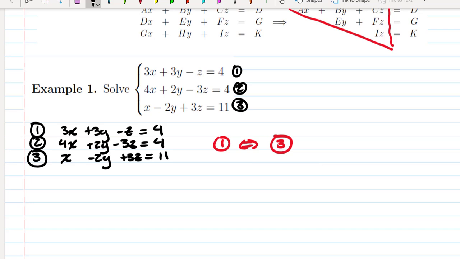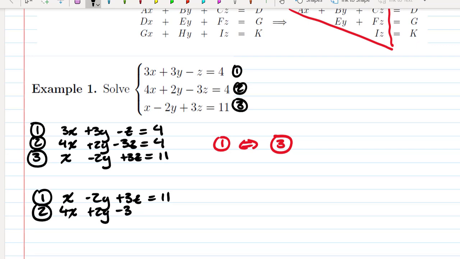So when I interchange them, my new equation 1 becomes x minus 2y plus 3z is equal to 11. All right, that's 1. My equation 2 remains unchanged, so it's 4x plus 2y minus 3z equals 4.